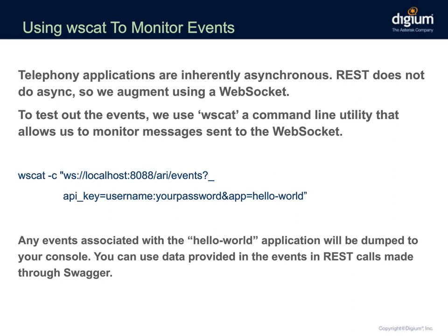And then on the query string, you need to pass in two things. You're going to pass in your API key, which again is your username and password, and then you're also going to have another value that's separated by an ampersand there, and that is the name of the app that you want to monitor.